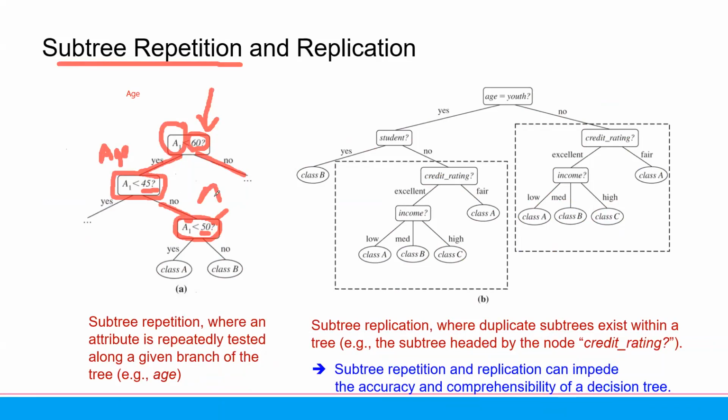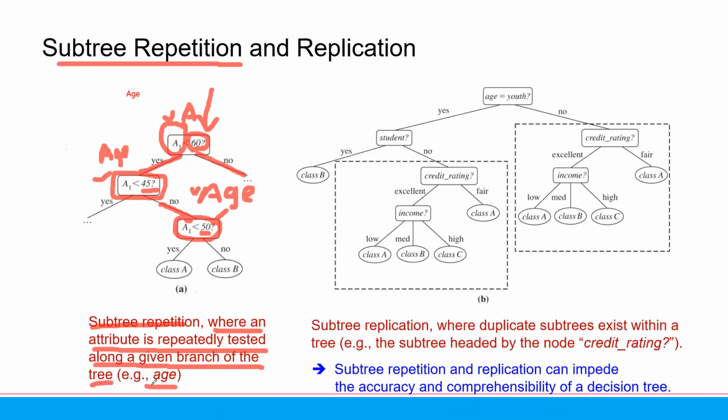So age is repeated 3 times. 1, 2, 3. Then we call this sub-tree repetition. Even though the splitting point is different, the attribute is always the same. So this is where an attribute is repeatedly tested along a given branch of the tree, for example, age.